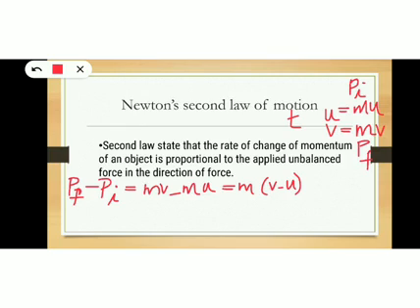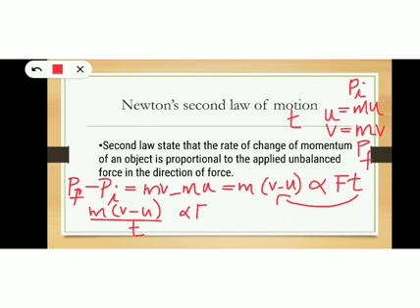And as per our previous discussion, this change in momentum depends upon two factors. First is the force applied and also the time for which the force was applied. Now bring this t to the LHS part. So you will get m into (v minus u) by t is proportional to the force.